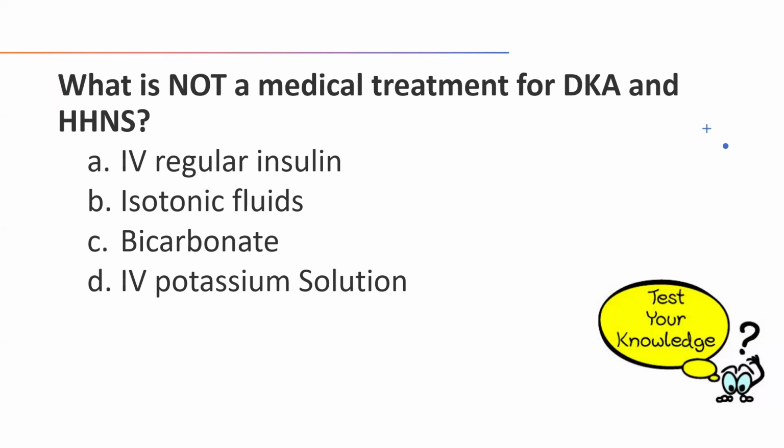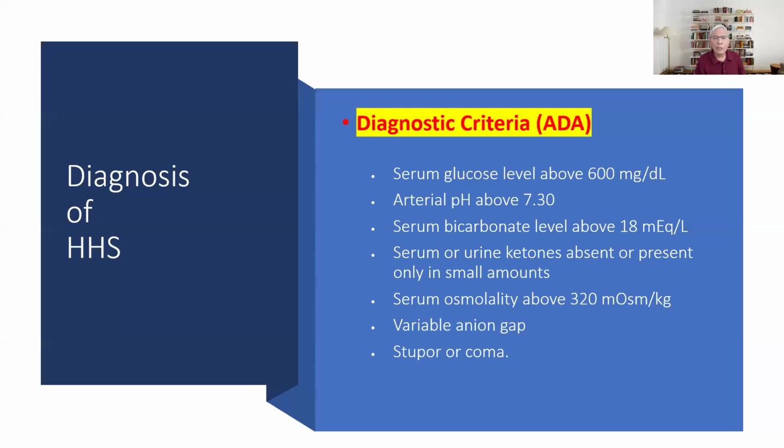Excellent. We don't want rapid correction of acidosis because it could cause the situation to deteriorate, including neurological decompensation. Okay, so what are the diagnostic criteria for diagnosis of HHS?